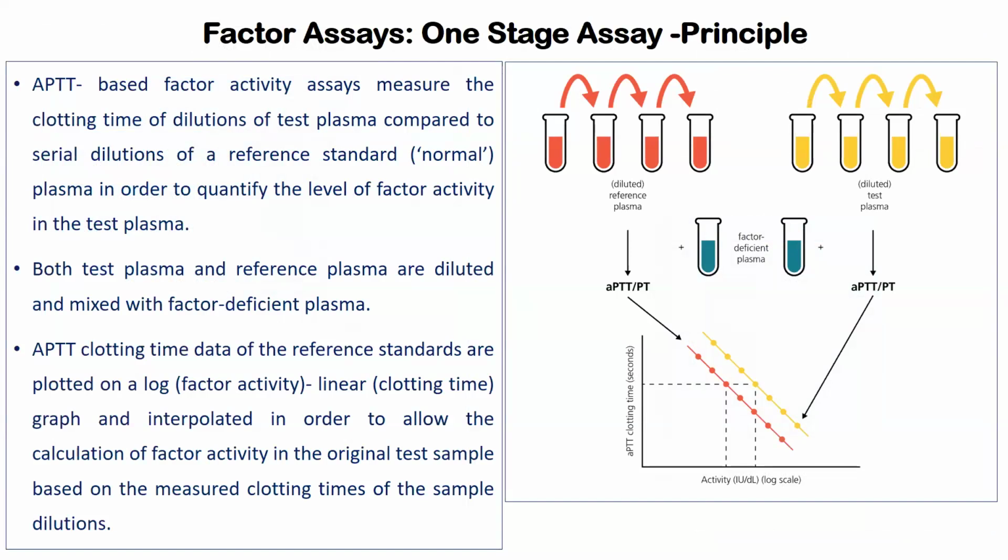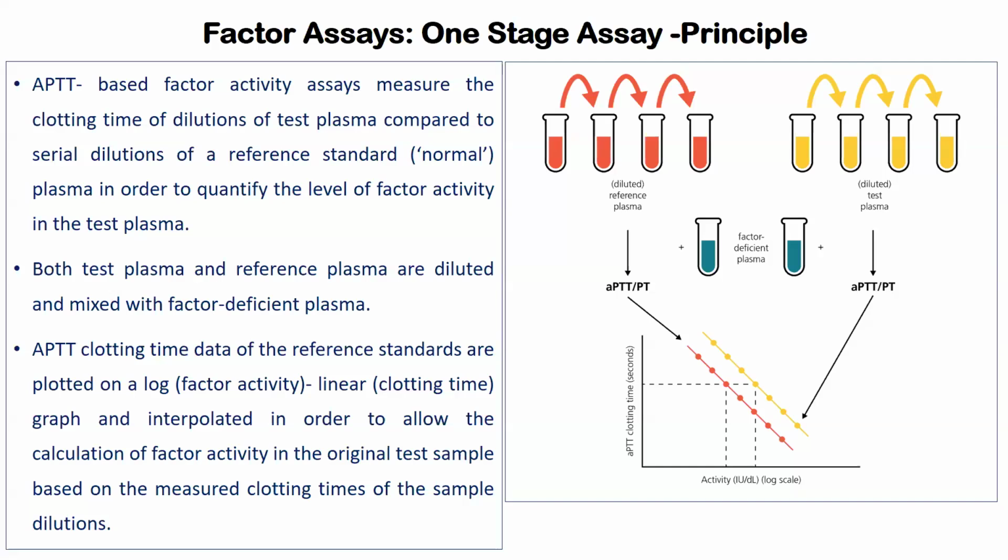I'll just explain it in simple layman's language. This is what we do in the lab: I mix serial dilutions of the patient and the reference plasma, which is the normal plasma, and I combine with factor 8 or factor 9 deficient plasma, and I do an APTT and draw a graph. On that graph, this is how we calculate and check the quantity in the patient.